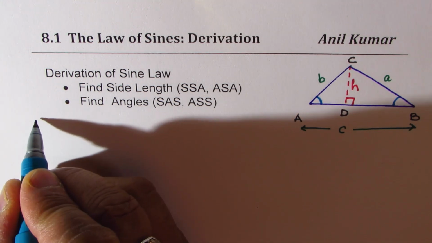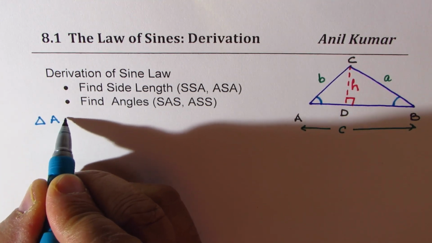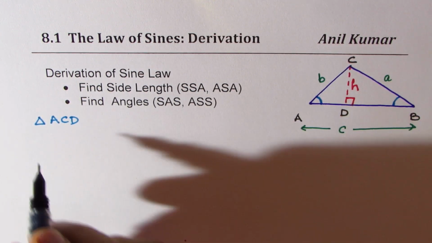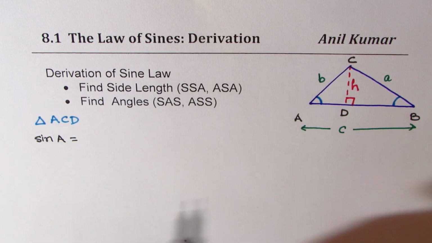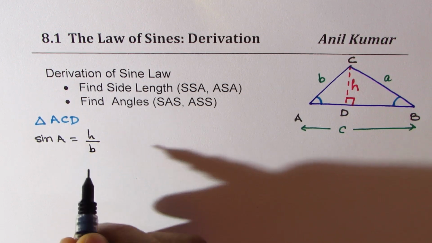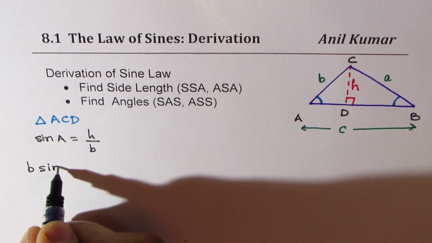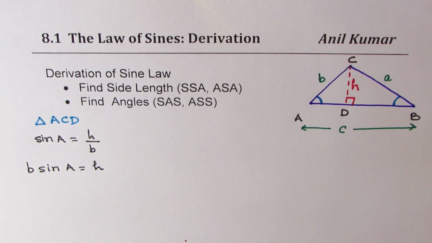So let's consider triangle ACD. In this triangle ACD, what is sine A equal to? Sine A is h over b. So from here you can write b sine A is equal to h. Perfect.